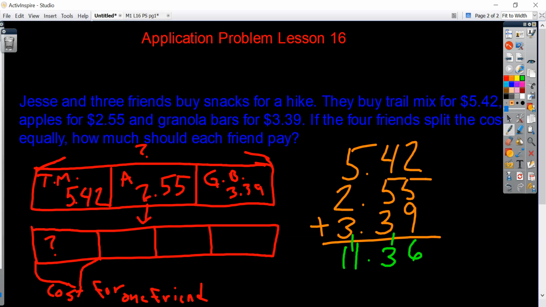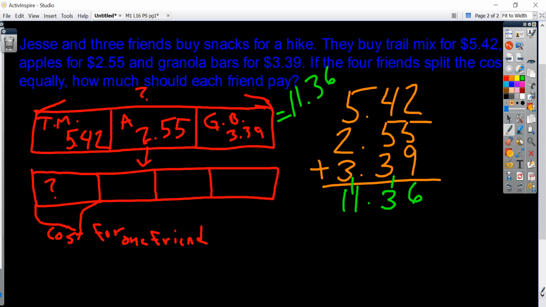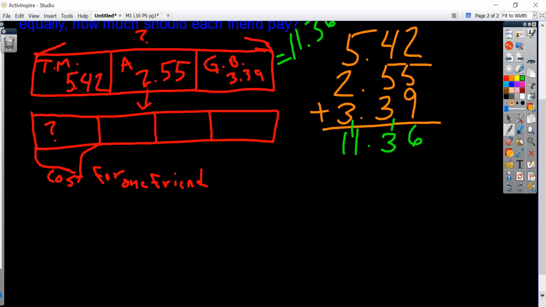So altogether, it would cost $11.36. Okay, well, let me move down and give myself a little bit more space. Now we're not done because we need to then take that $11.36 and we're going to divide that by four equal groups.